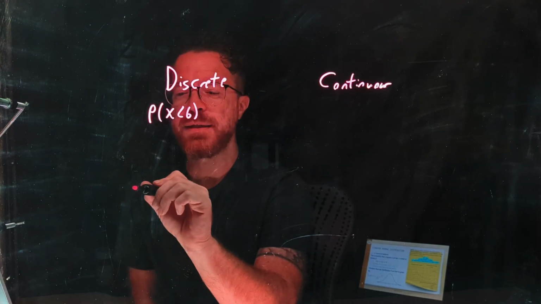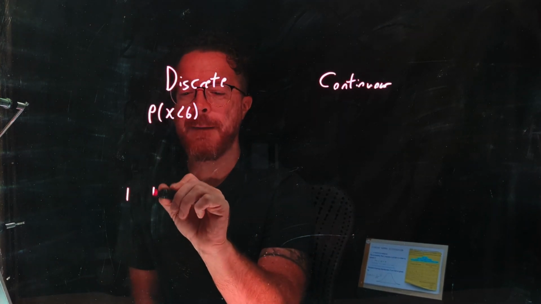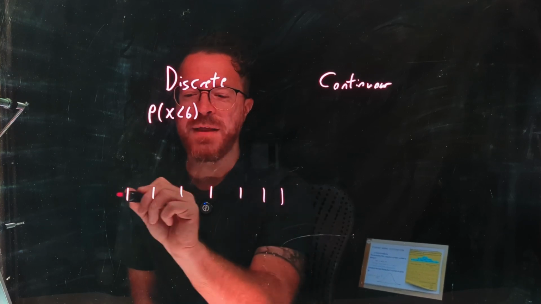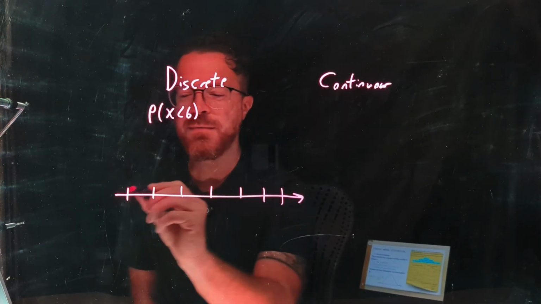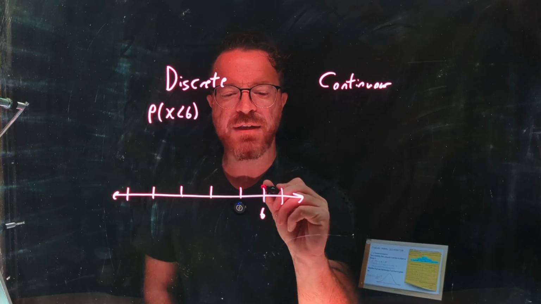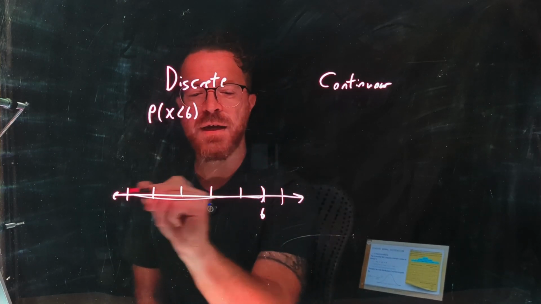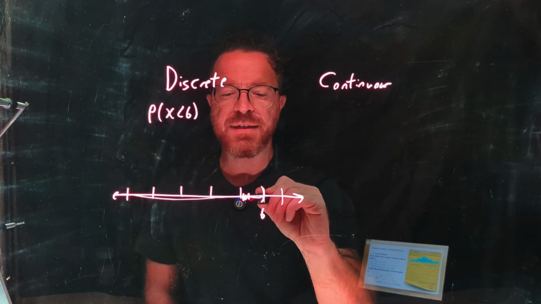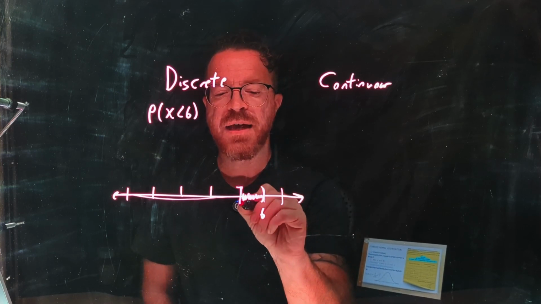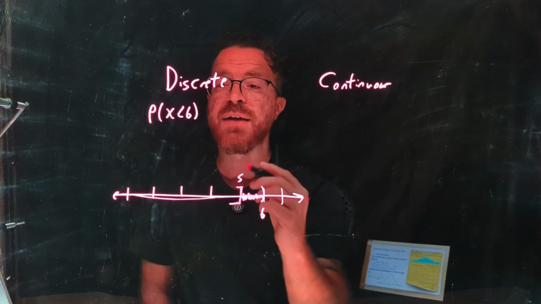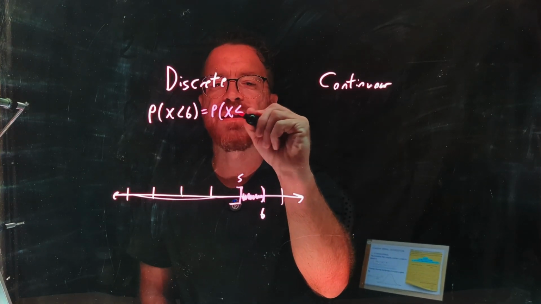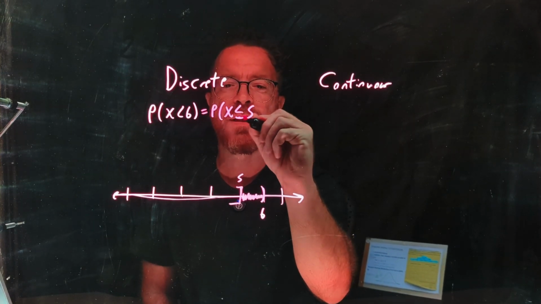We talked about this, that in the discrete case, if I have some discrete intervals, let's say that this one is 6, and I said everything to the left of 6. Well, that doesn't include 6, and there's nothing in between 6 and 5, so it's the same thing as saying everything to the left of 5 and including 5. So this would be the probability x is less than or equal to 5.